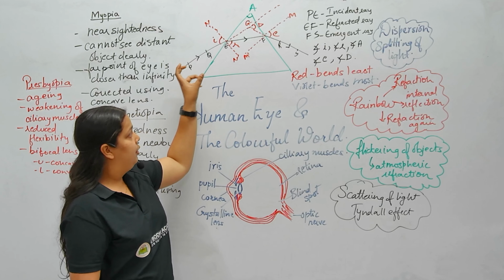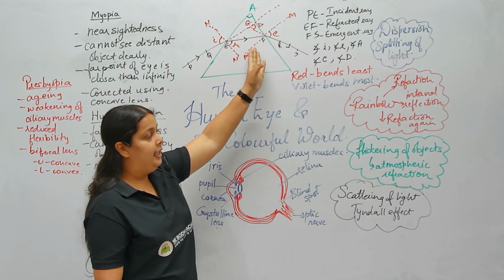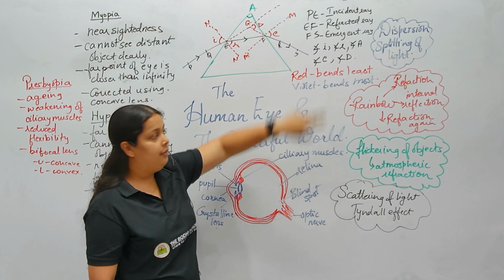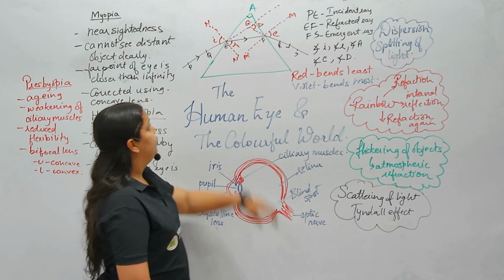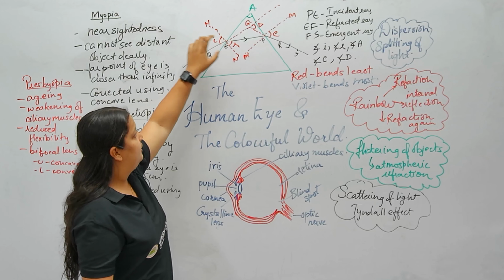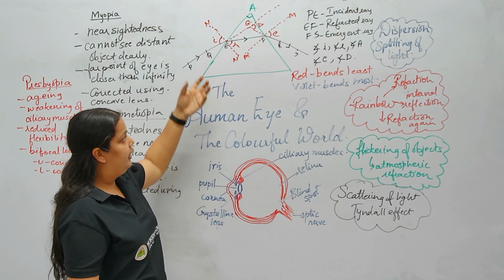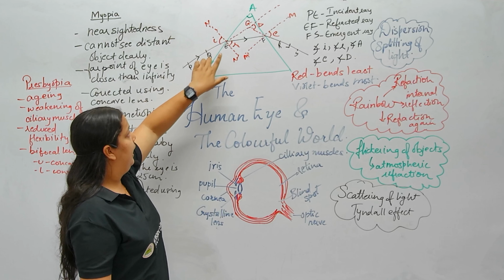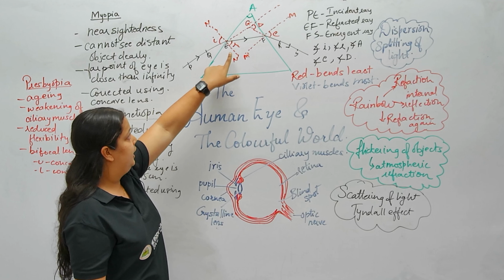After undergoing refraction, the light will come out of the prism, and that is the FS ray. Angle I is called the angle of incidence, because it is the angle formed by the incident ray and the normal.